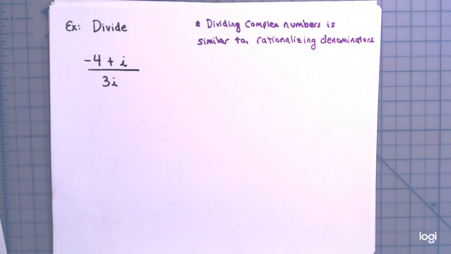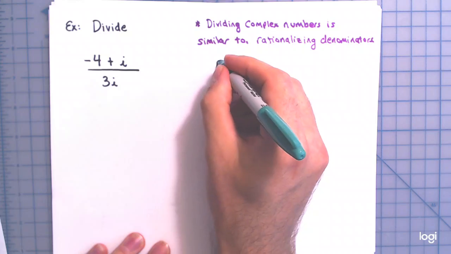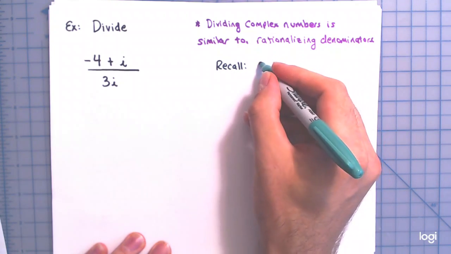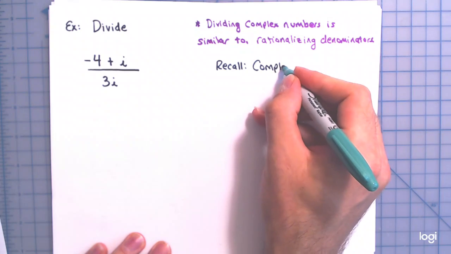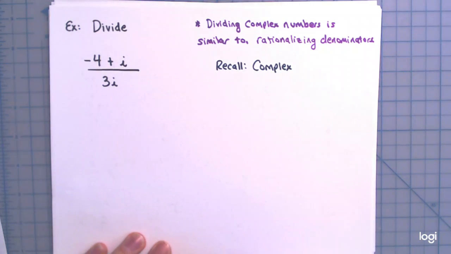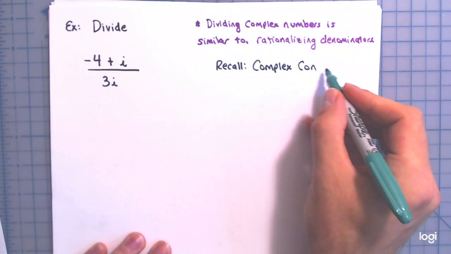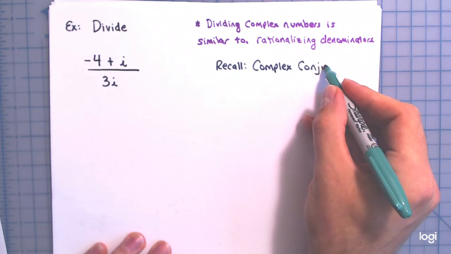And in order to do that, something else we need to recall here is that when you multiply two complex conjugates, you actually get a real number result. You get a result that does not have i in it, that has a 0 imaginary part.